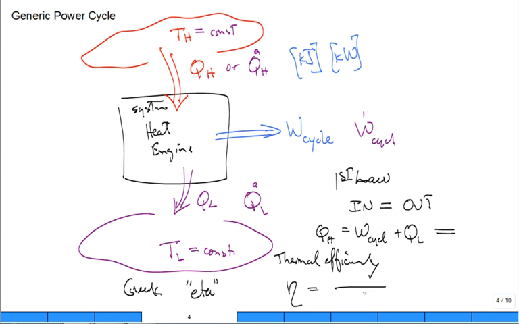What do you want a heat engine or a power cycle to give you a lot of? Work. You want a large W cycle out, divided by what you have to pay for, what you have to provide. What's expensive? Coal. The coal to burn to create a large QH. So that's what drives the system.